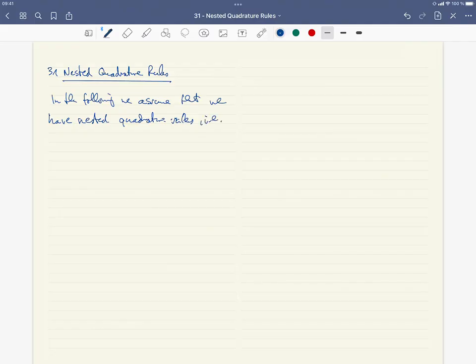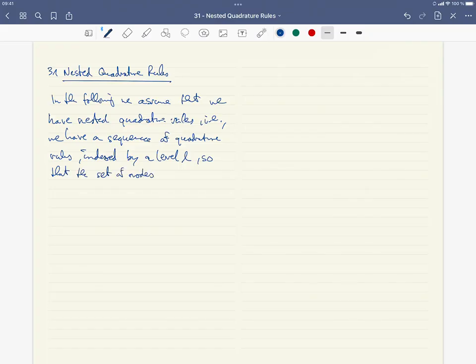That means we have a sequence of quadrature rules indexed by a certain level L, so that the set of nodes of the quadrature rule of level L plus 1 contains the nodes of level L.